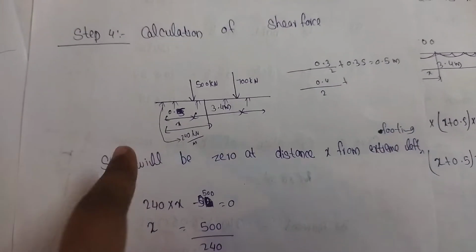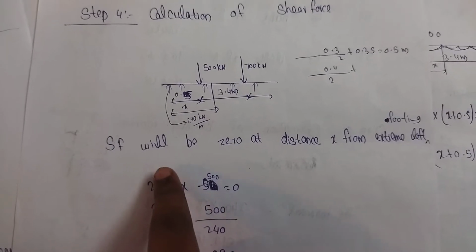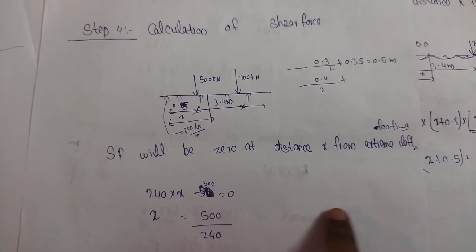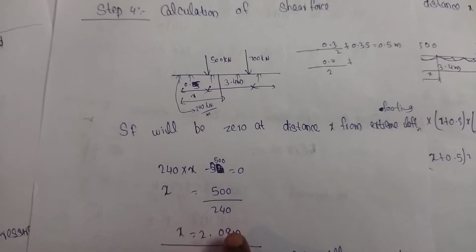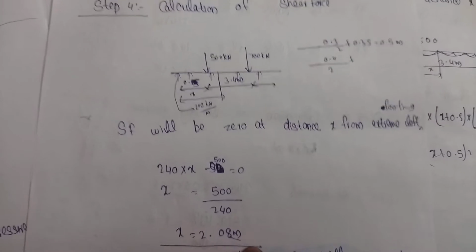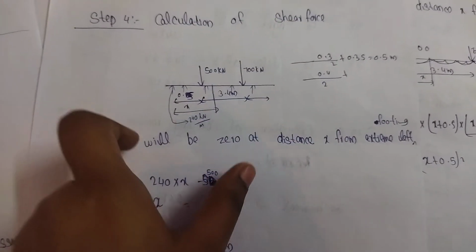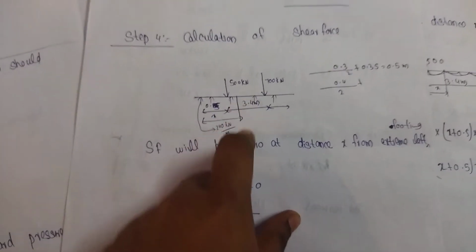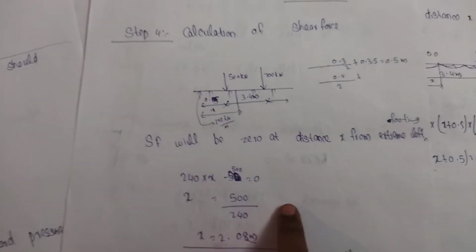Then we want to know the distance where shear force will be 0. This shear force will be 0 at the distance where the maximum bending moment acts. So shear force will be 0 at x distance from extreme left. So we want to calculate this x distance. How to calculate? 240, that is the upward pressure, into this distance, that is x, minus this 500 equal to 0.